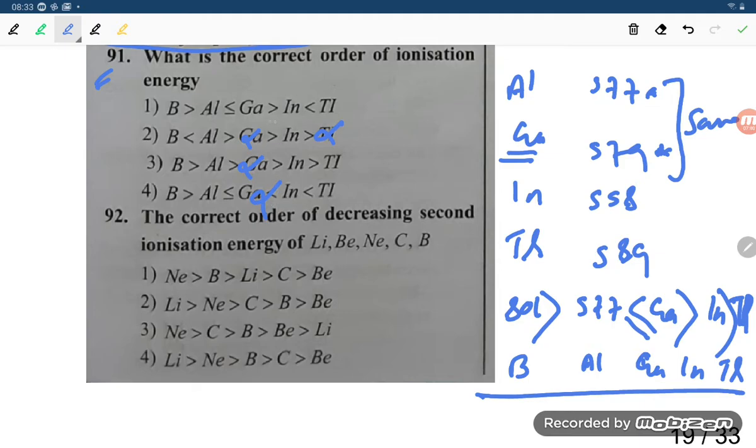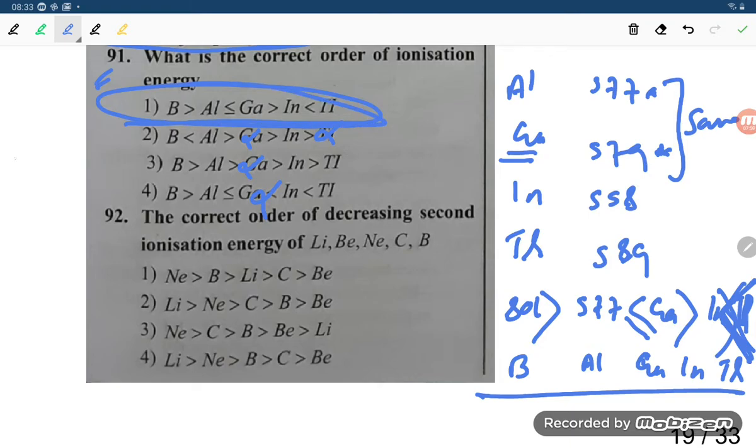And then thallium, how much is there, student? 589. So this is the reverse side. So the correct option will be option number 1, student. Question 91, option number 1.